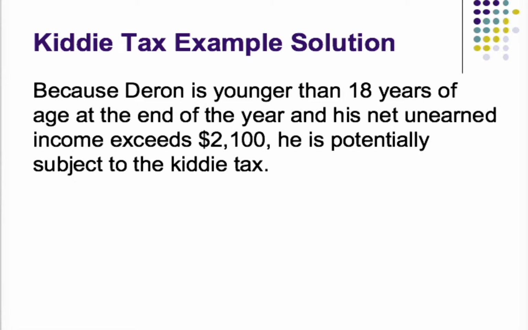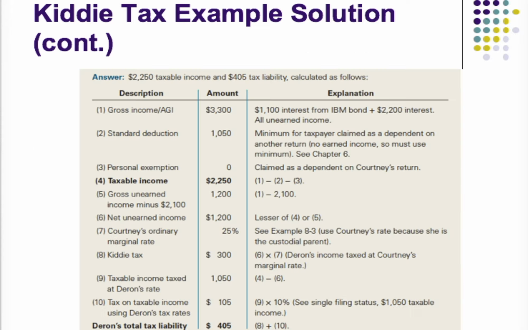So because he is less than 18 years old at the end of the year and his net income exceeds $2,100, he could potentially be subject to the kiddie tax computation. So that's what we would do here. This shows you what that computation is.